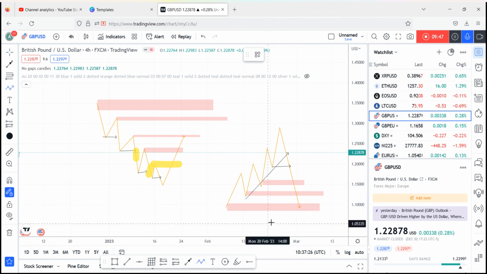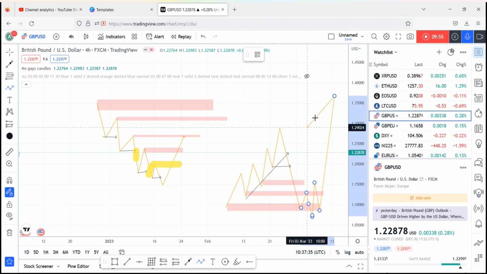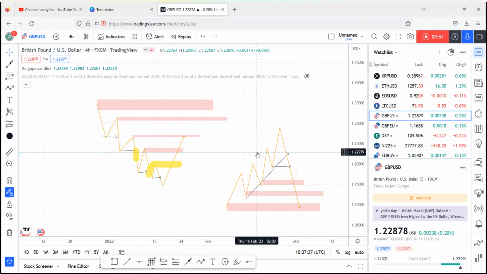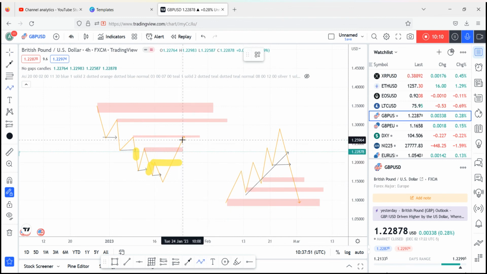And then what happened is market mitigated this demand zone, made a change of character from here, and market can go upside. So this is how it works, right? So order blocks before the inducement, this, and extreme order blocks. These are the only order blocks that work 90% of the time. And sometimes market just sweeps the liquidity from here.